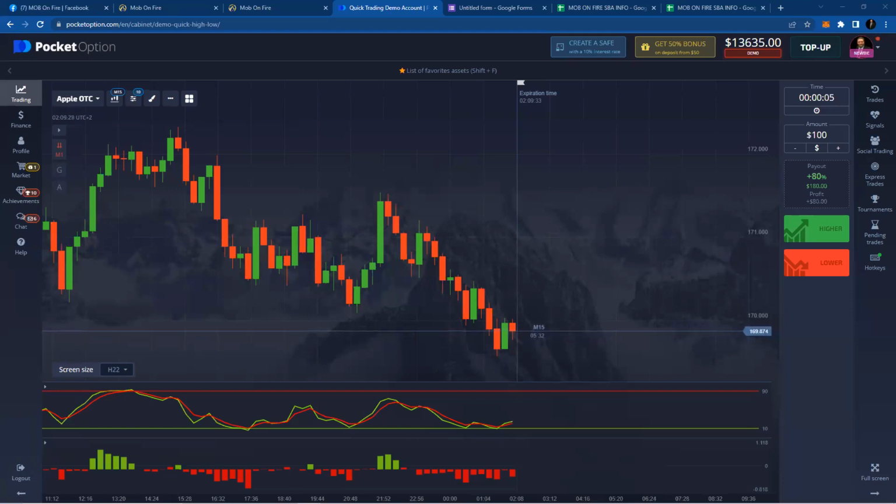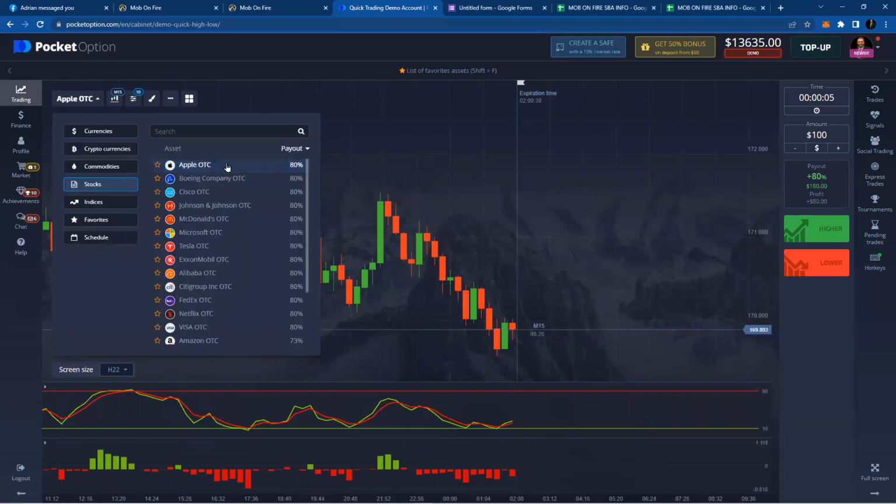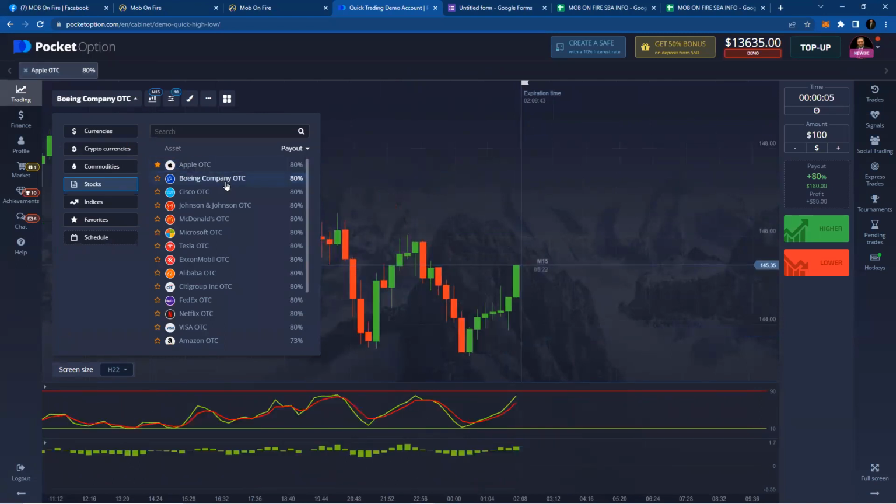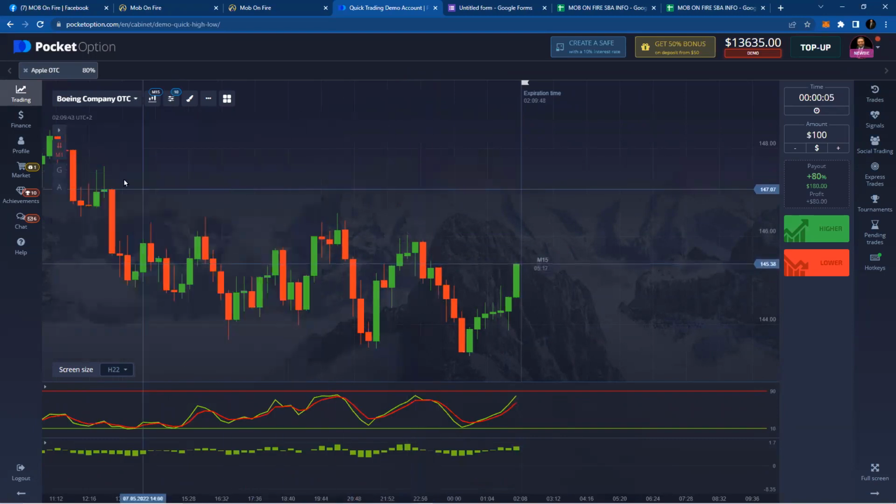Yes, thank you. So right now, we're looking at Apple, because that's what's paying the most right now, Apple and Boeing. Let's take a look and see what Boeing is looking like. Boeing looks a little bit busy. So we're looking at the price of this stock and we are forecasting whether it's going to go up or going to go down.